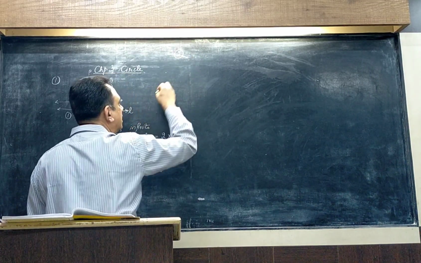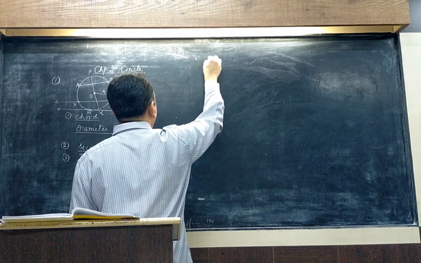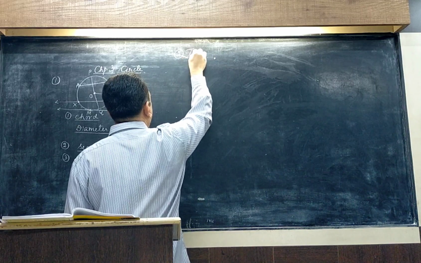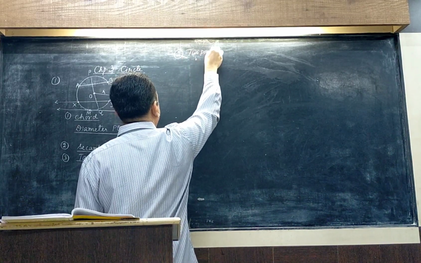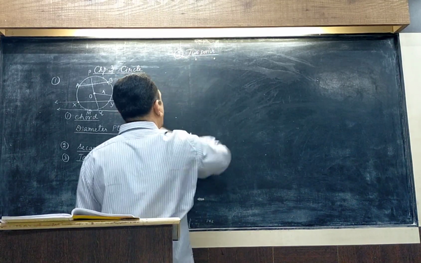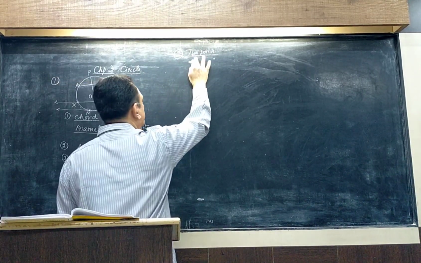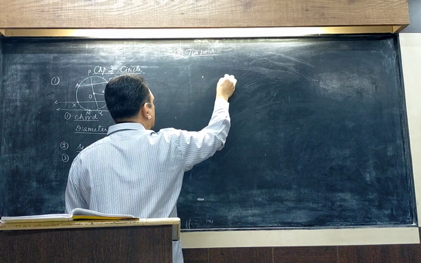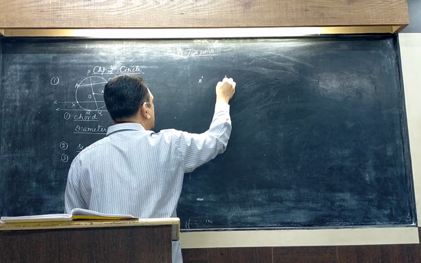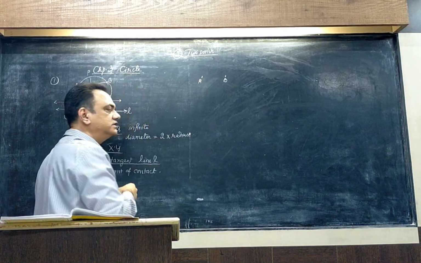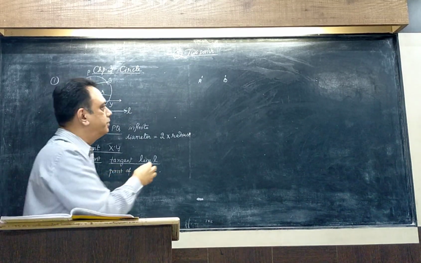Second point. If I have 2 points, how many circles can be drawn passing through these 2 points? There are 2 points A and B. How many circles can be drawn passing through the 2 points?